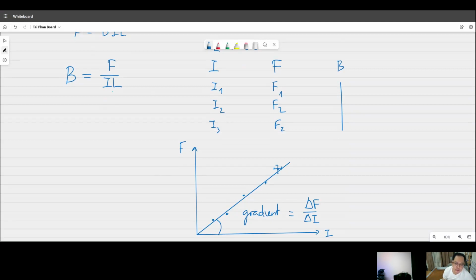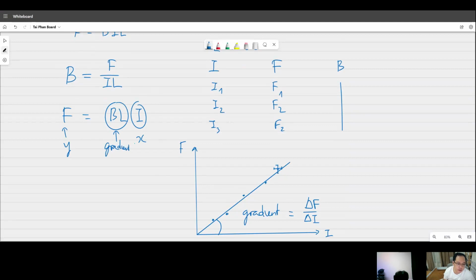According to this relationship, wait, F equals B times I times L. So if we write it in the form of Y equals gradient times X, I here is like X, F is like Y, and B L is the gradient.